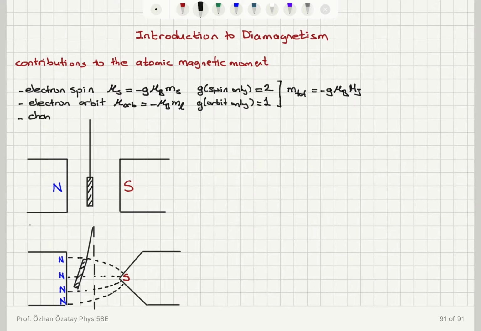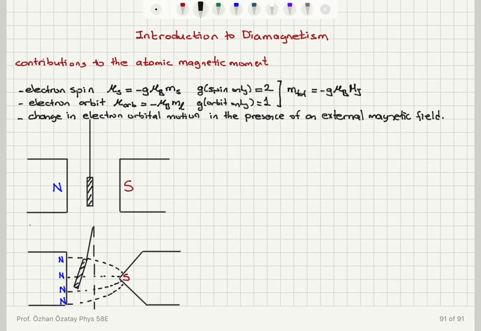So we can have a possible change in electron orbital motion in the presence of an external magnetic field, or more specifically we can say when the magnetic field is turned on, there will be a change in the electron orbital motion, and this is going to give us a change in the magnetic moment, delta m, which is going to be in such a way that it's going to oppose the change in the flux, and as we will show, it will lead to a diamagnetic susceptibility.